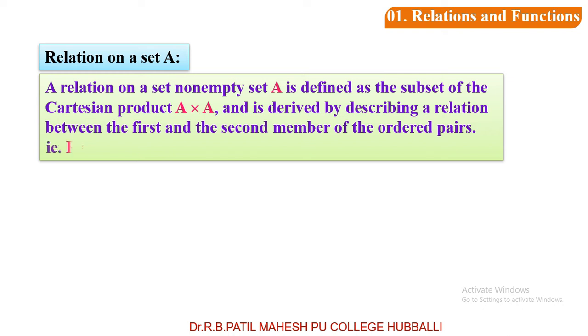You can express it as R equal to the set consisting of (a, b) such that a and b belong to the set A and a is related to b. Dear students, listen carefully. (a, b) belongs to R means a is related to b, and a and b must be from the set A. This is the definition of a relation on a set A.